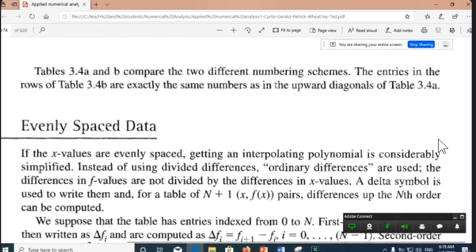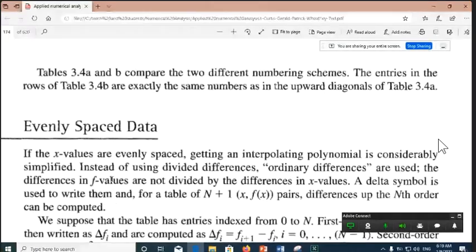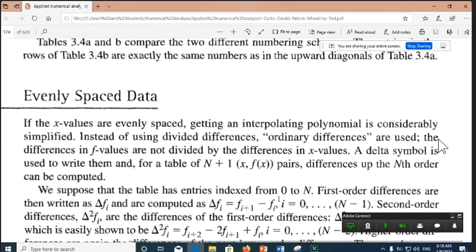There are many real case studies where the values of points are evenly spaced, and we can use the difference of function in order to be substituted by the divided difference.